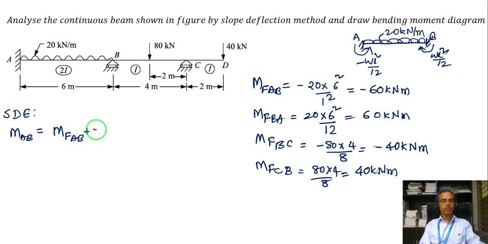MFAB plus 2EI by L, 2 theta A plus theta B minus 3 delta by L, in general.